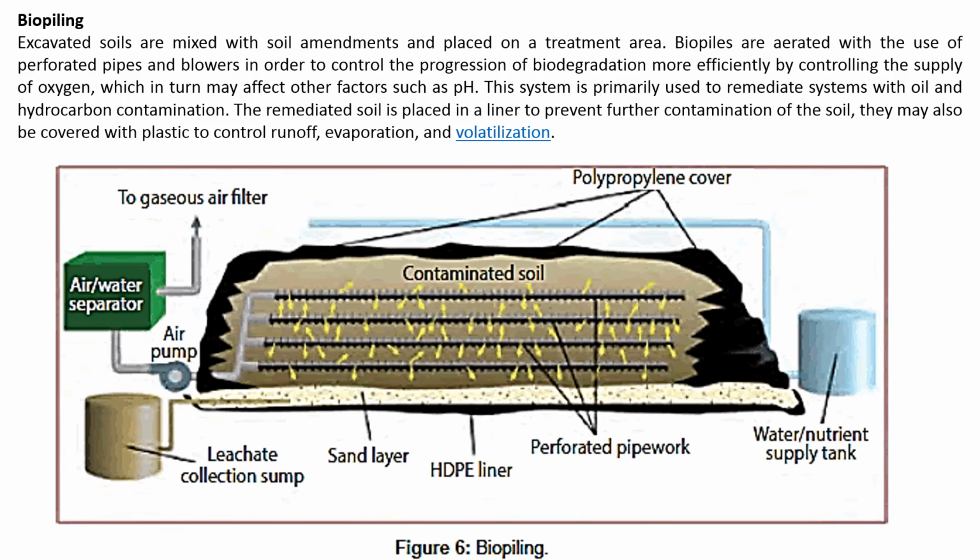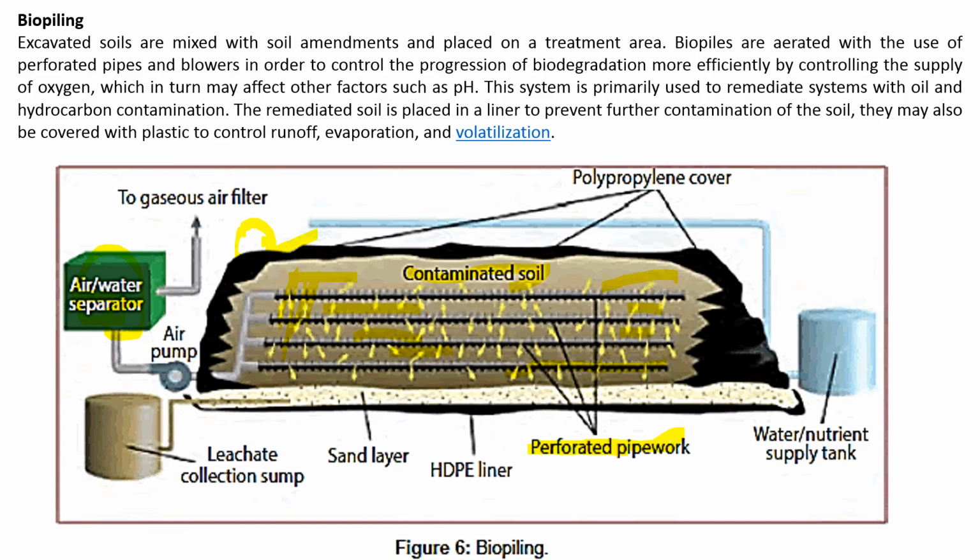So, as you can see in the diagram, you have contaminated soil all over, and along with that, you have perforated pipework. They are merely pipelines which have holes in them, and through these holes you give air, that is, you give O2, oxygen, for metabolism.